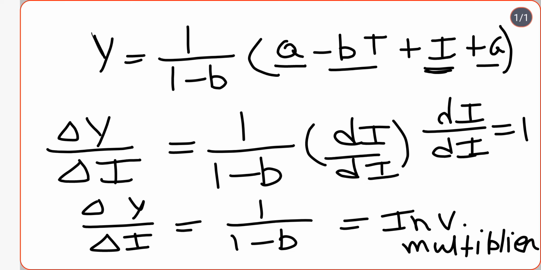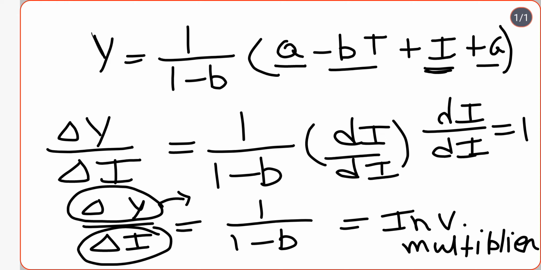What is the effect of change in investment on income, or what effect occurs on income due to the change in investment, that is del I in our denominator portion? So this is the concept of investment multiplier.